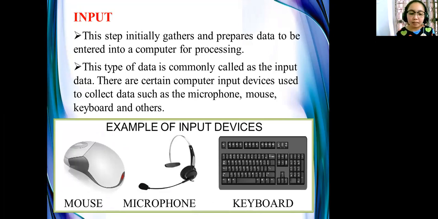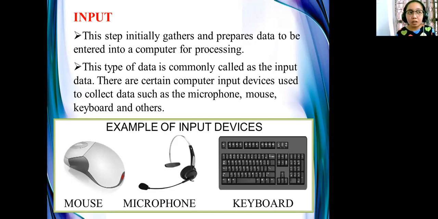So bakit masasabi natin na input devices itong mga to? Kasi sa mouse, hindi ka makakapag-scroll dun sa ginagawa natin na proseso sa loob na sa soft copy kung wala tayong mouse. Microphones, katulad niya, nagre-record ako. So para ma-record siya, kinakailangan ko ng microphone or headphones para po marinig niyo yung boses ko doon sa ginagawa kong proseso ng pag-video recording.